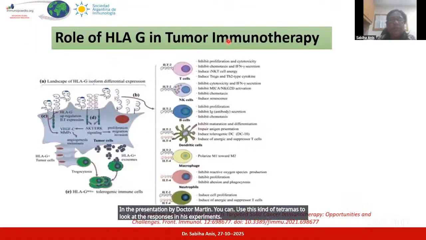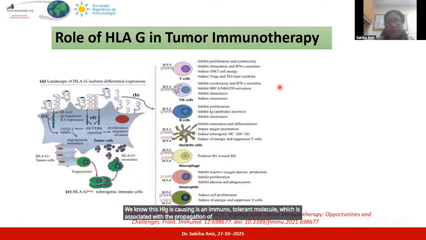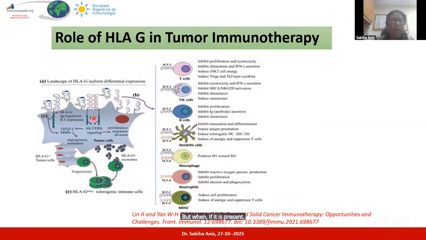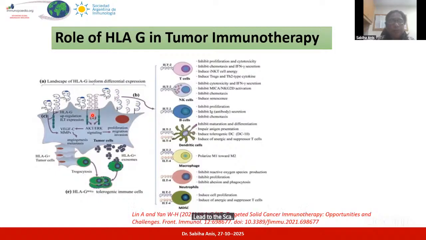So the role of HLA-G in tumor immunotherapy is now a hot topic for research. We know HLA-G is an immunotolerant HLA molecule, which is associated with the propagation of pregnancy, or a successful pregnancy. But if it is present in the tumor environment, because of its immunosuppressive effect, it is going to lead to the escape of these tumor cells from immune system surveillance.